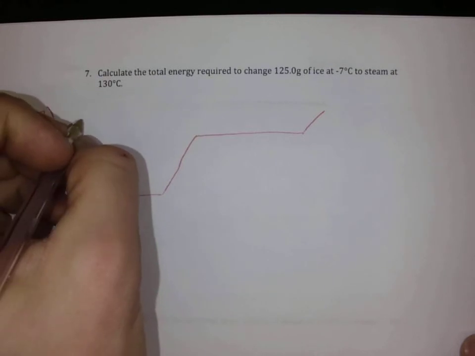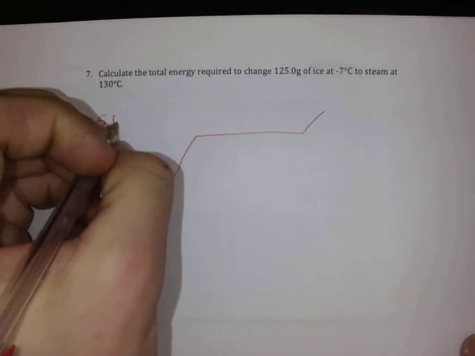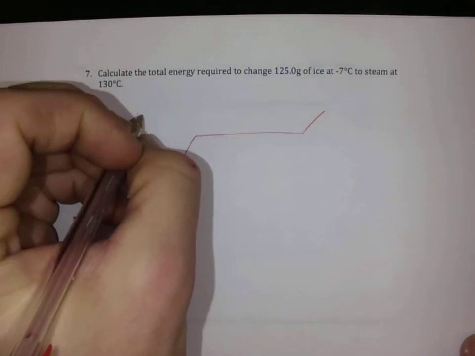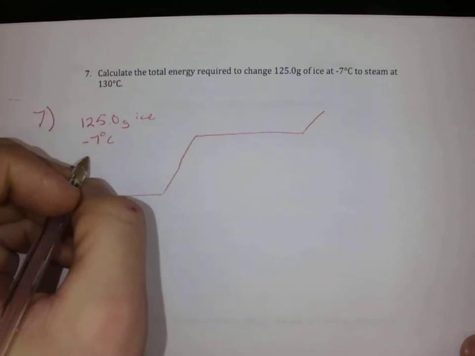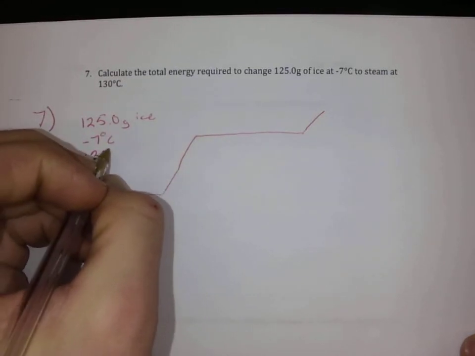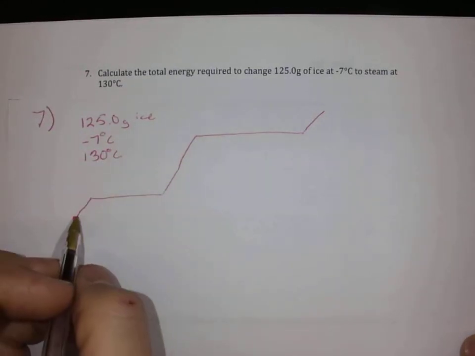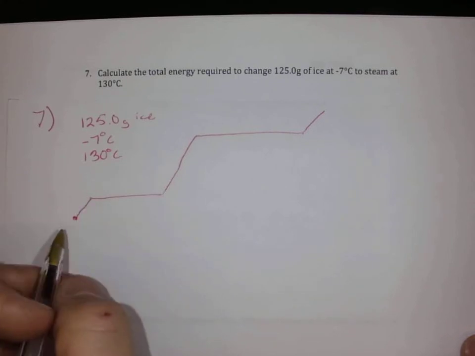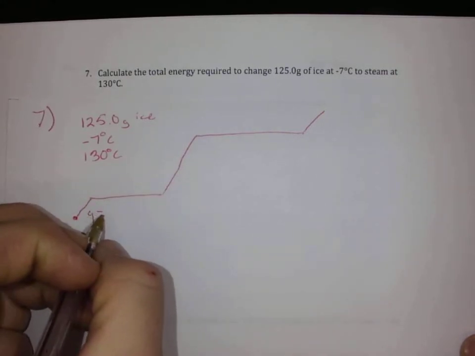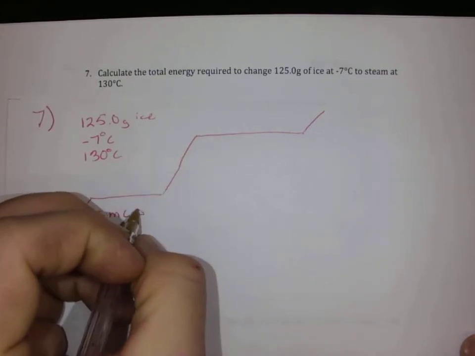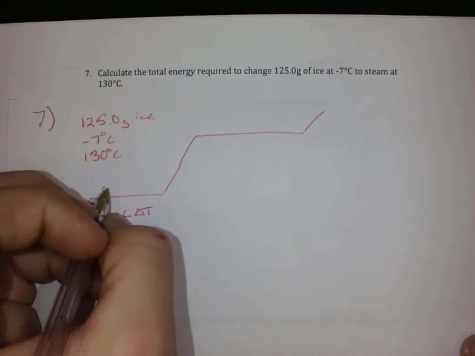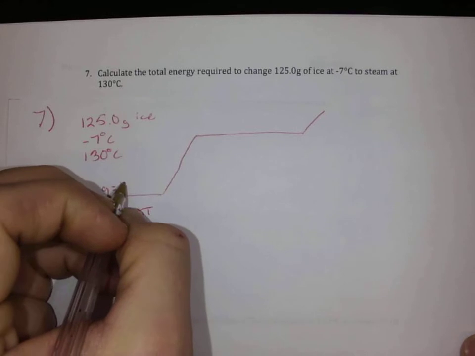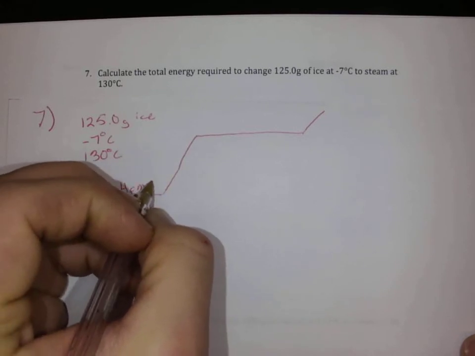So let's write down what we know. We've got 125 grams of ice. We're starting at -7 degrees C, and we're going up to 130 degrees C. For us to go from -7 to 0, we would use Q equals mc delta T. To go from 0 to 0 and go from solid to liquid, we would use Q equals HF times moles.